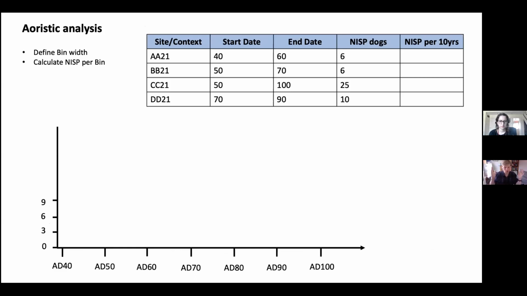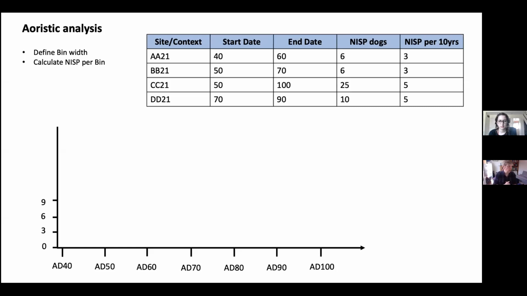The bin is just your chronological blocks in effect, and then you calculate the NISP per bin. So say, for example, the example at the top of that table, AA21, has a start date of 40 AD and an end date of 60 AD. We've got a NISP of 6 dogs. If we were to have a bin width of 10 years, then we're looking at 3 dog bones every 10 year block.